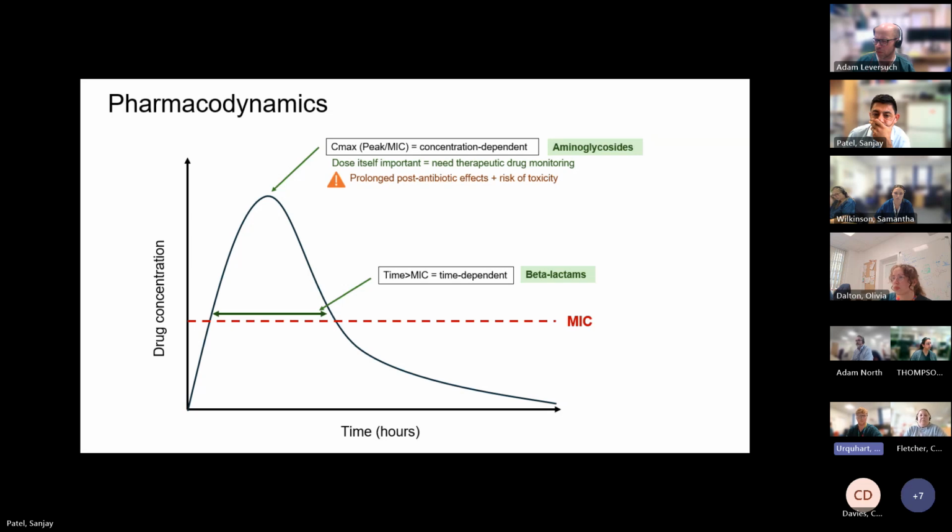The next one that we'll talk about is time above MIC. So this is classically beta-lactams, our penicillins and our cephalosporins. Really important with our penicillins. So we started using much more extended and continuous infusions in PICU and NNU with our beta-lactams. And that's because what's important is the time that the antibiotic in the body is above that MIC for it to exert its killing on the bacteria.